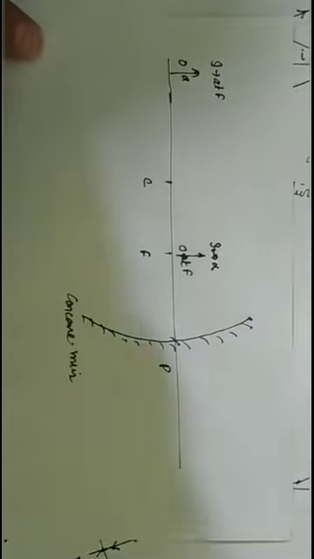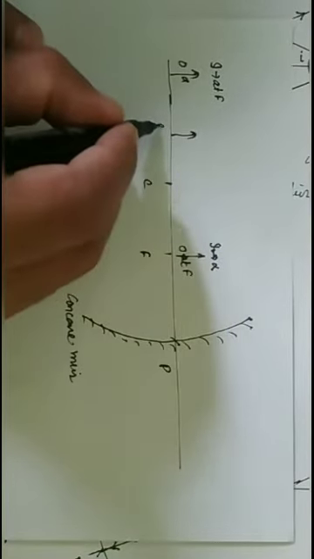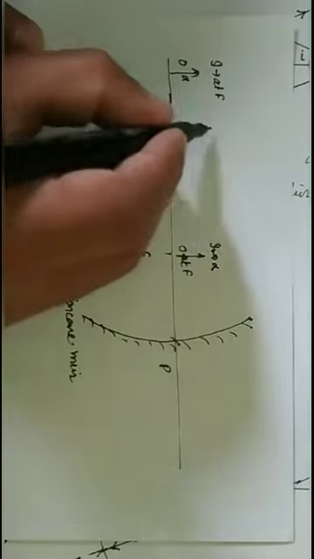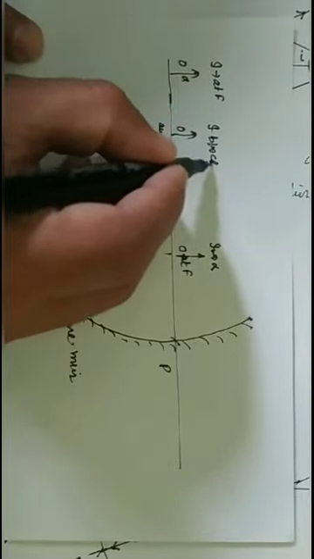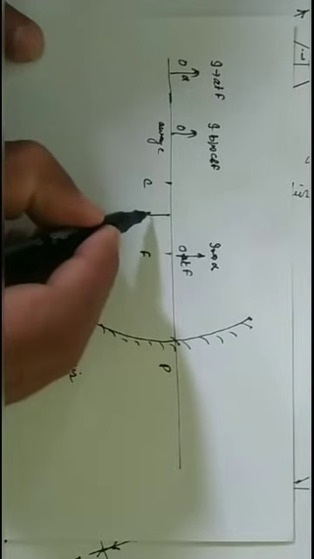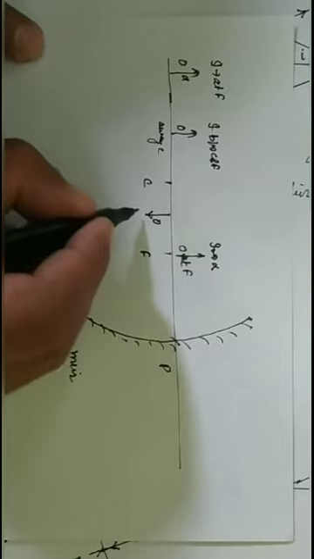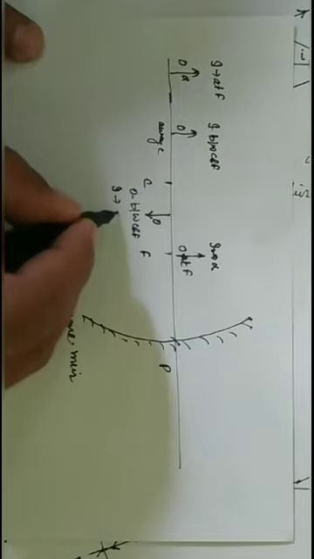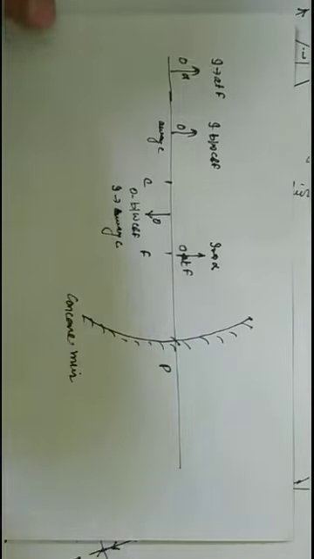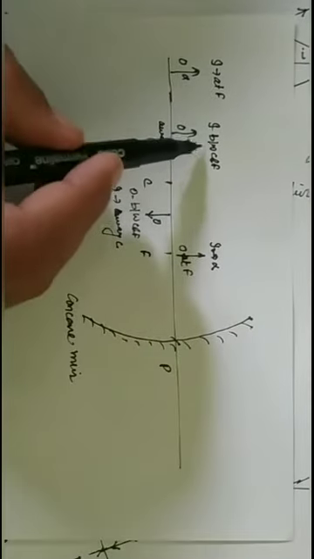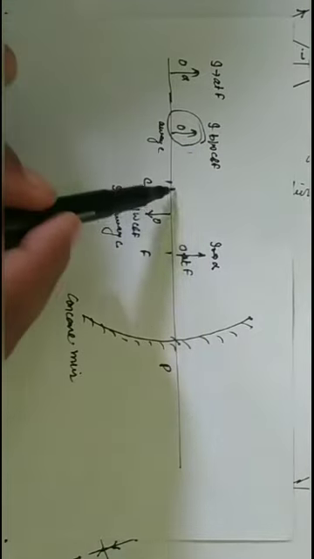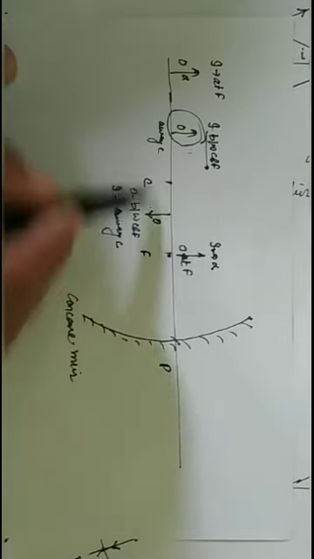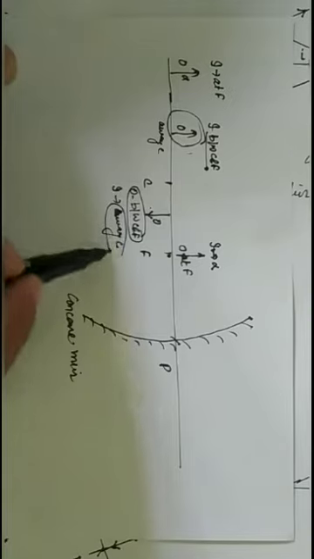Next one is, if your object is away from C, then your image is between C and F. When your object is between C and F, then your image is away from C. From here also you can see that when you place your object away from center, your image is between C and F. If your object is between C and F, then your image is away from C.